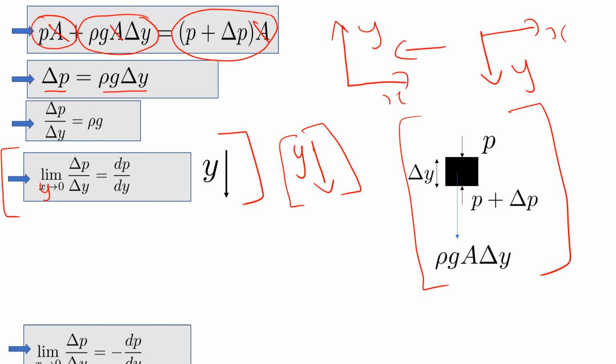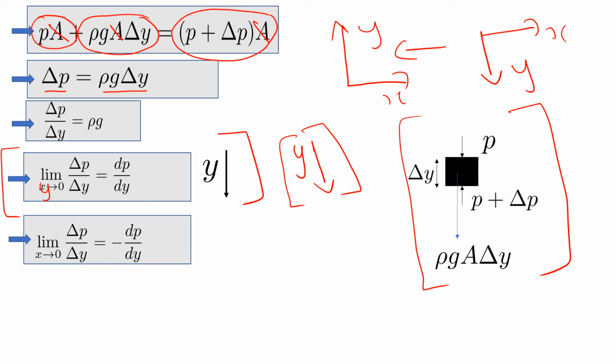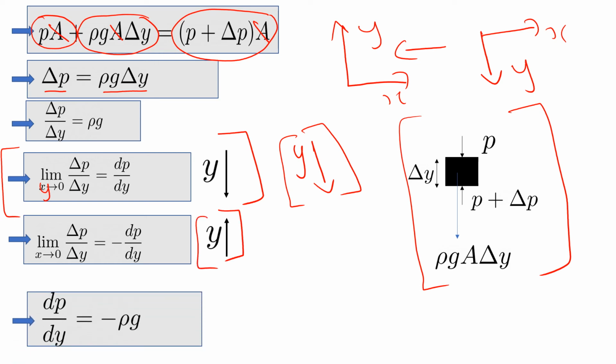If you change it to the new coordinate system, you will get delta P by delta y is equal to minus dP by dy. That means the y will be in the upward direction. So dP by dy is equal to minus rho g.